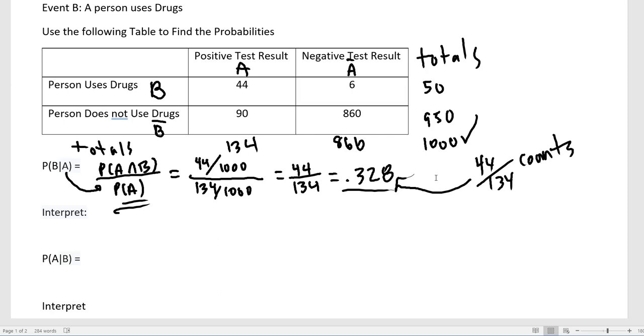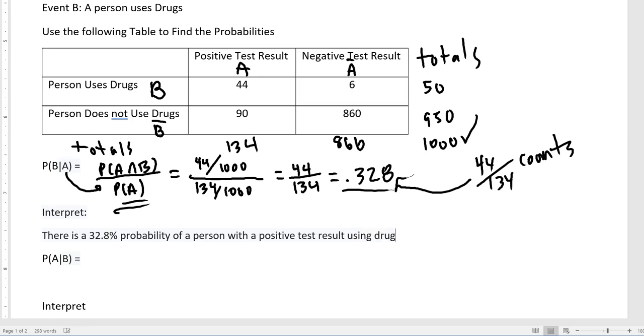So again, what does this mean? I do want to interpret this. What does this mean in the context of the question? We are saying, given that A, right? Given that you have a positive test result, what is the probability a person uses drugs? There is a 32.8% chance or probability of a person using drugs, given that a person with a positive test result.